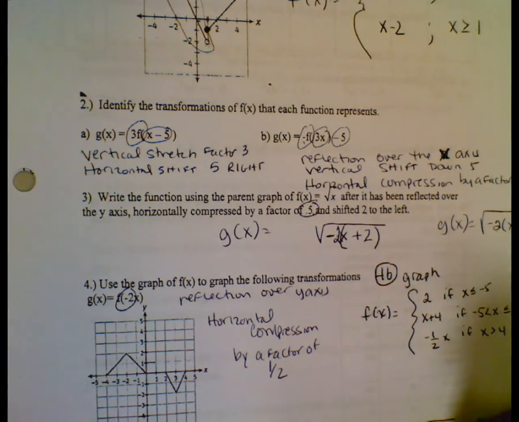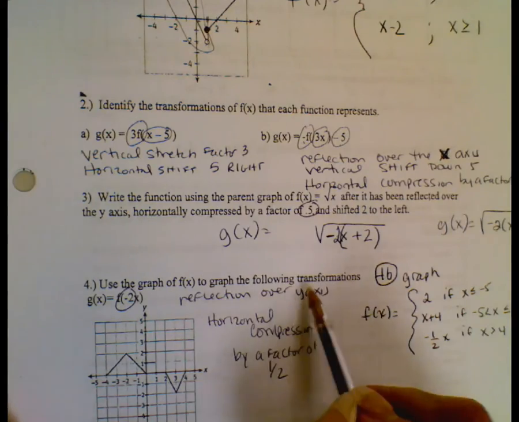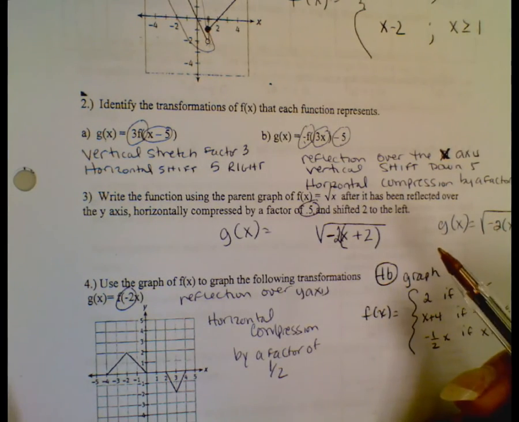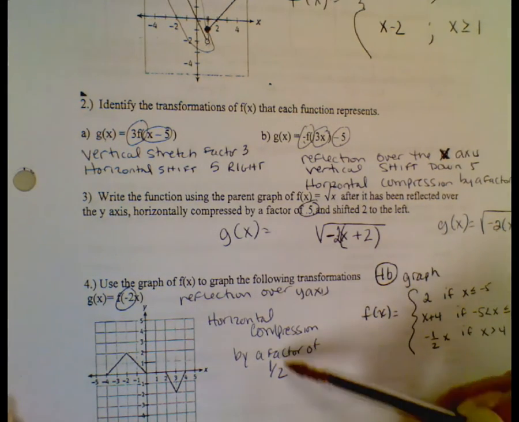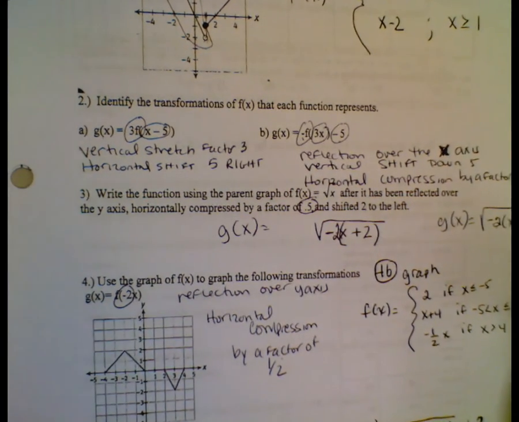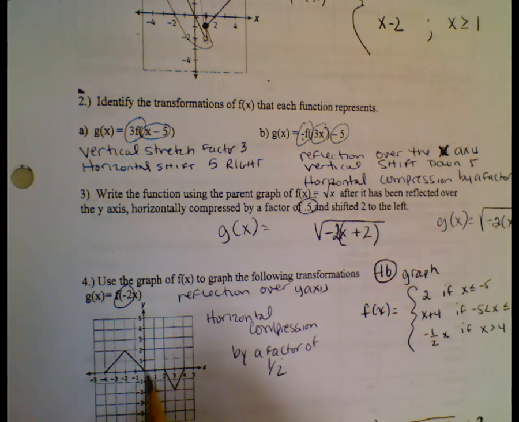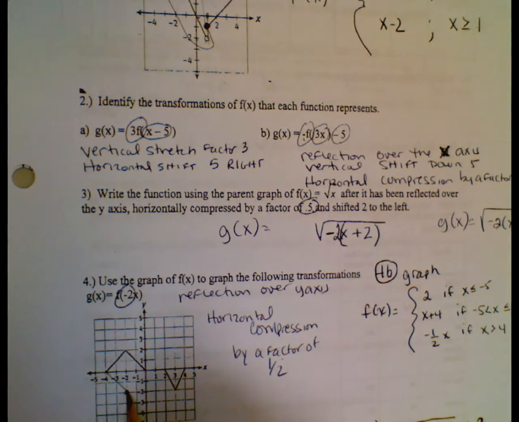So reflection over the y-axis means you're changing the x, and you're changing x again. So you're reflecting first. So reflecting over the y. So first thing we're going to do is reflect. So if you just reflected, it would look like this.